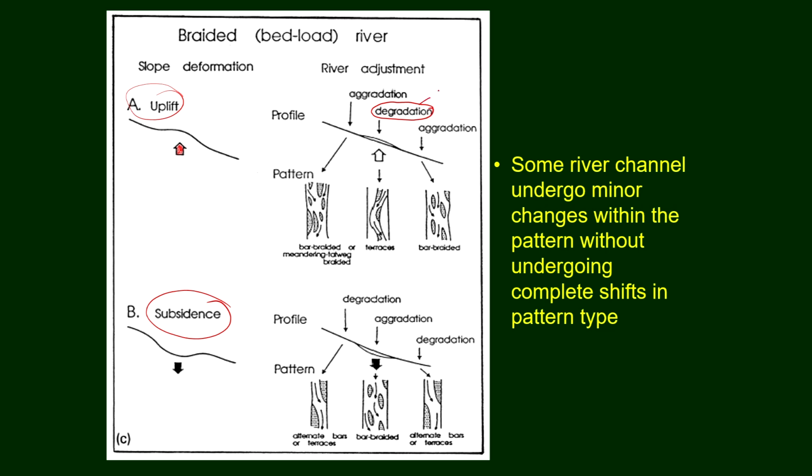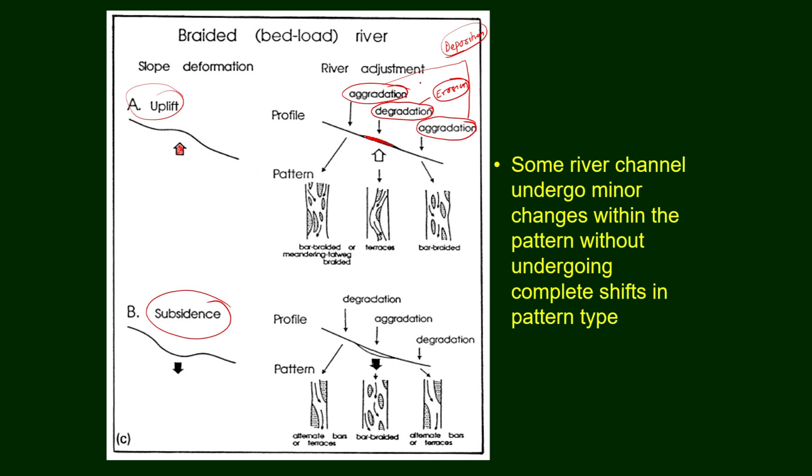The upstream of the uplift and the downstream of the uplift will experience aggradation, that is deposition. So, these two areas will have processes which result in deposition, and this will have erosion.